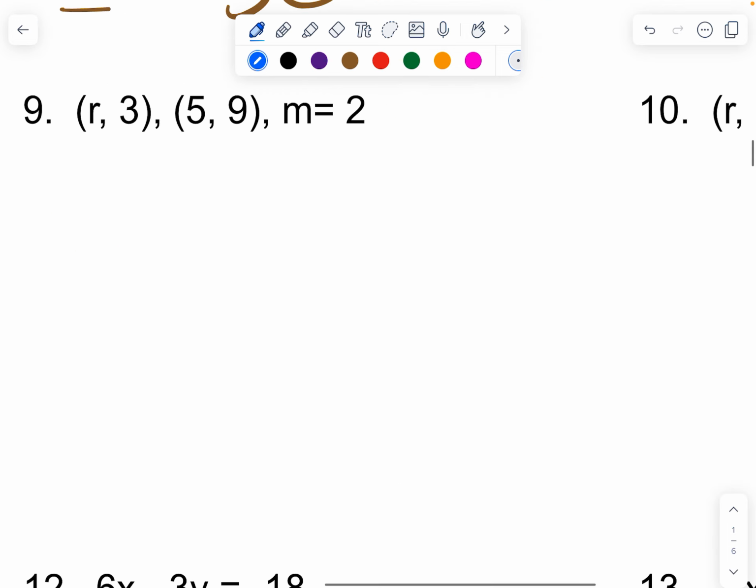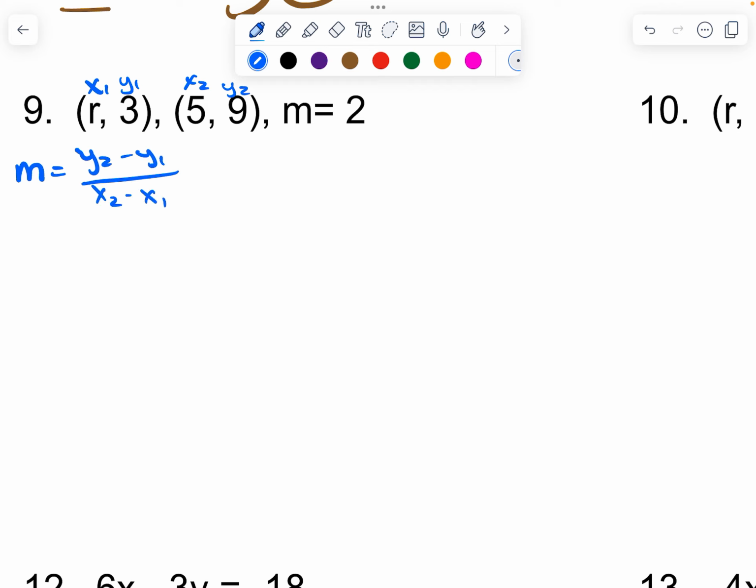Okay, next, we're going to do the same thing. This is x1, y1, x2, y2. Our slope is y2 minus y1 over x2 minus x1. So 2 equals 9 minus 3 over 5 minus r. Remember, that's over 1.